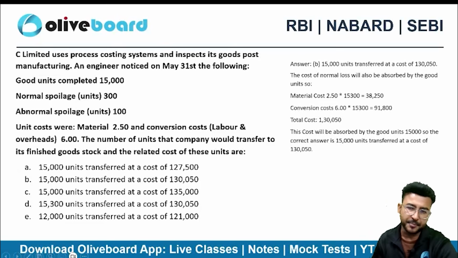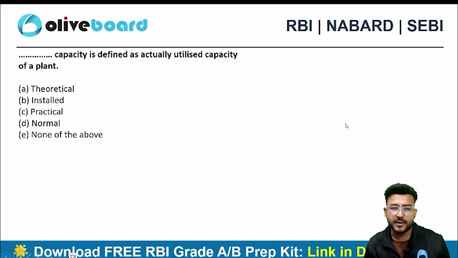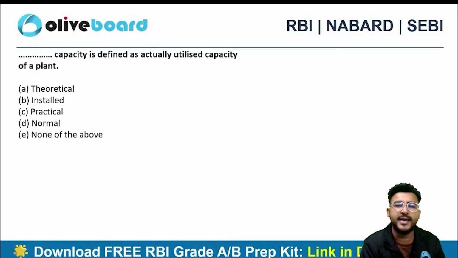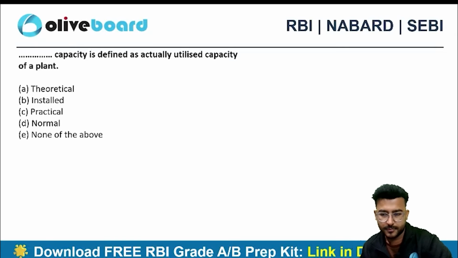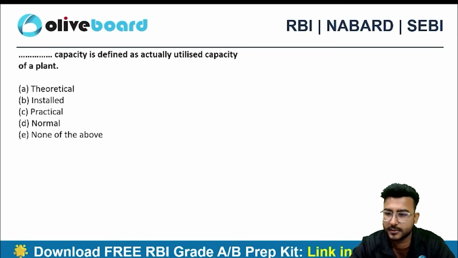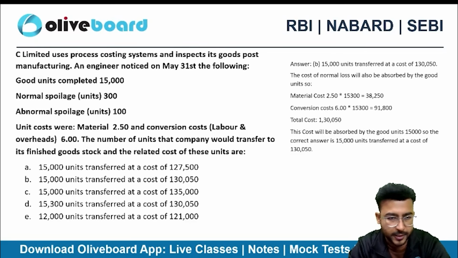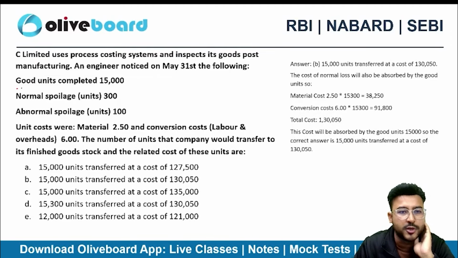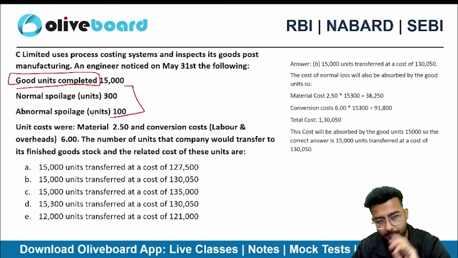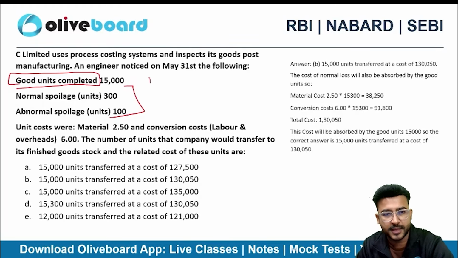regulatory body examination. Next one: dash capacity is defined as actual utilized capacity of the plant. So look, Rohan, they have given me good units completed, so it can never include anything else, right? This is not my raw material introduced.